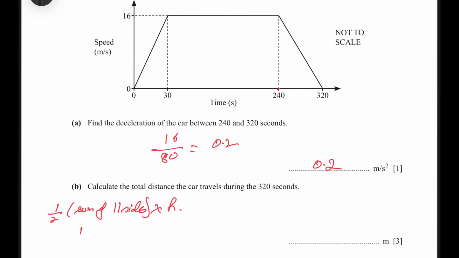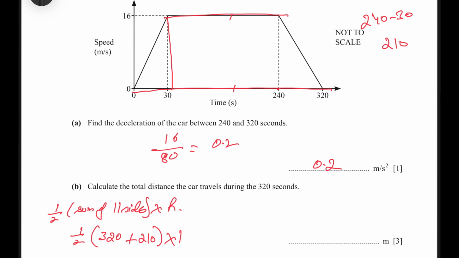Okay, so over here half, what are the parallel sides? We know that these two are parallel sides. So the length of this is 320, plus the length of this, which will be 240 minus 30, which is 210. So plus 210, times height, the distance between the parallel sides, which is this, which equals 16.